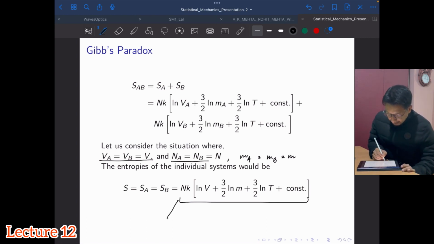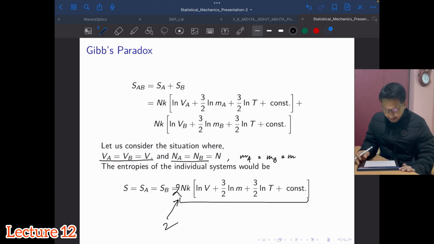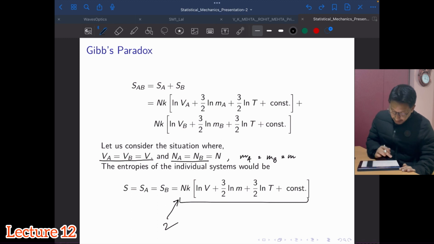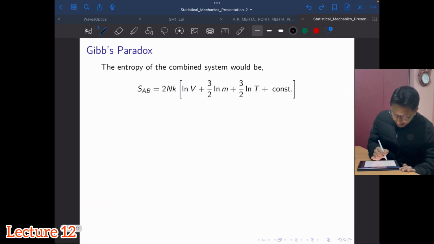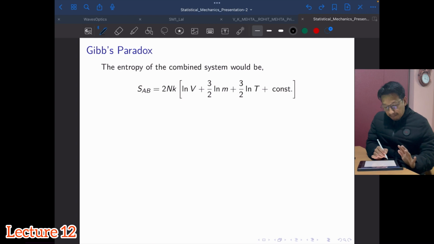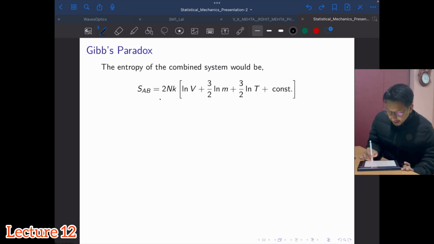If I simply multiply by 2 here, then the entropy of the combined system SAB should become this.